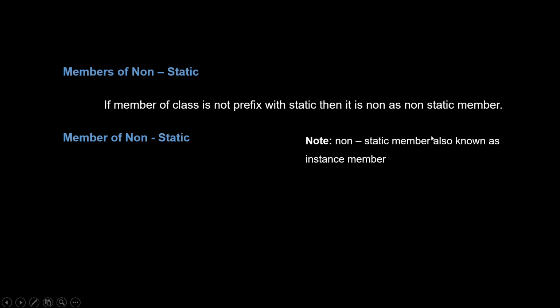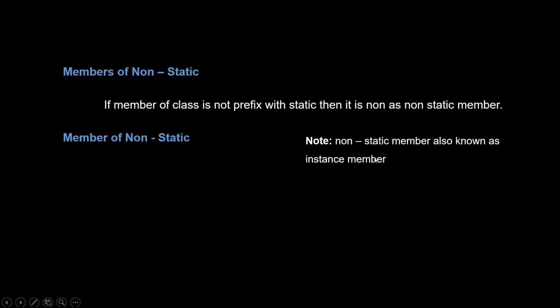Non-static members are also known as instance members. Be very careful about this, because people get confused about instance members, instance methods, and instance variables. It's not a big thing: non-static members are also known as instance members.